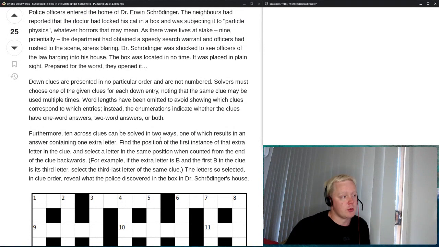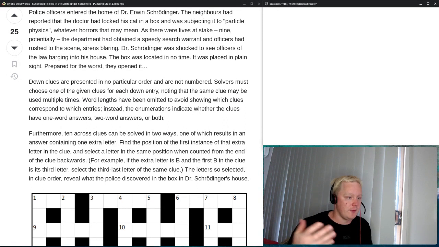Furthermore, 10 across clues can be solved in 2 ways, one of which results in an answer containing 1 extra letter. Find the position of the first instance of that extra letter in the clue and select the letter in the same position when counted from the end of the clue backwards. There's an example of how to do that, selecting letters once you have the finished grid.